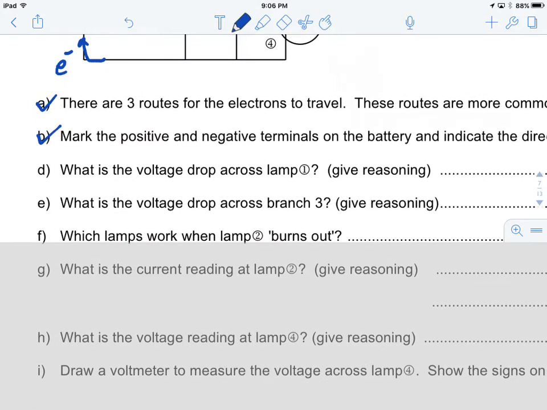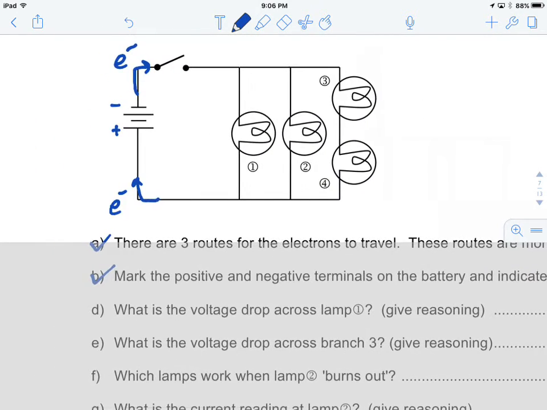All right. What is the voltage drop across lamp 1? Well, if this right here is a 6-volt circuit, we know that in parallel, voltage is going to be the same across each branch. So this branch here is going to get the same as this branch here, which is going to get the same as this branch here.